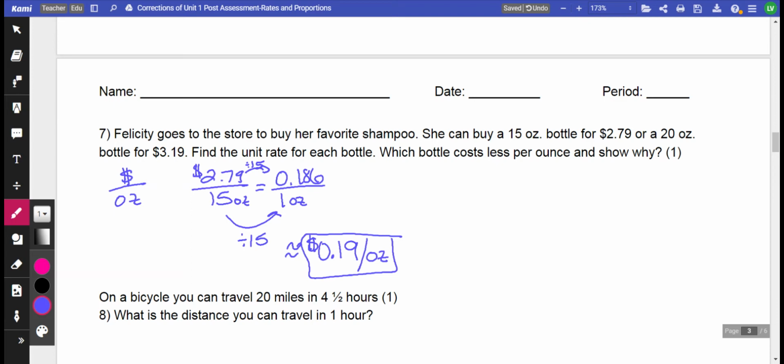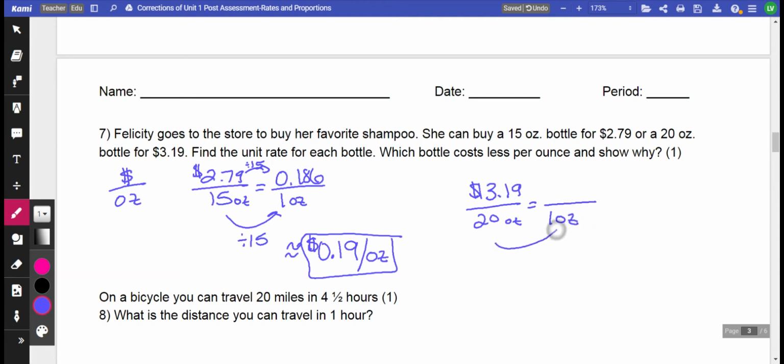All right, now we want to find how much an ounce for the 20 ounces. So I take $3.19 and divide it by 20 ounces. I have been using my calculator for this one.